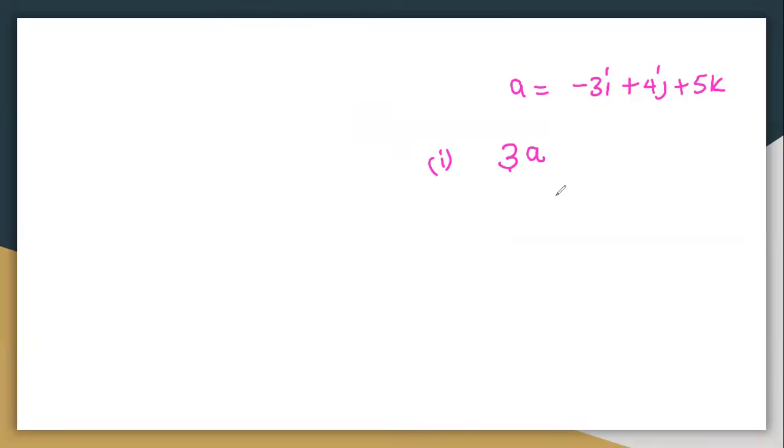Answering is okay. But when we are presenting, we present with the i, the j, and the k. So your final answer, I expect to be negative 9i plus the 3 times 4, which is 12j, then plus 15k. Thank you.